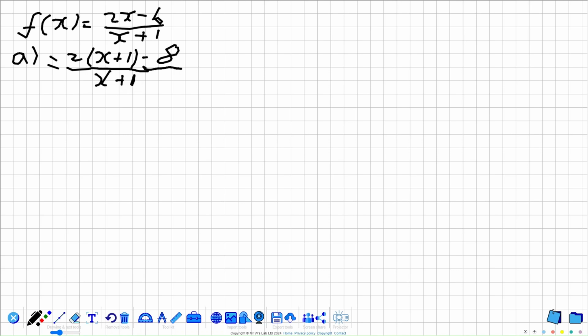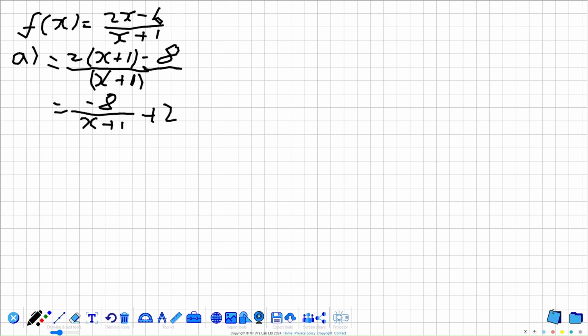And then this is where it gets pretty cool: we can rearrange it, and I can cancel this part out. You can see that these two can cancel because they're common. So we'll have -8 over x plus 1, plus 2, because we've cancelled that.